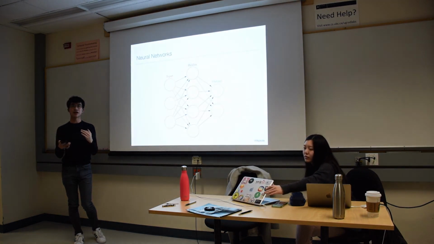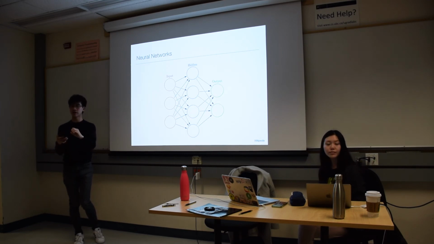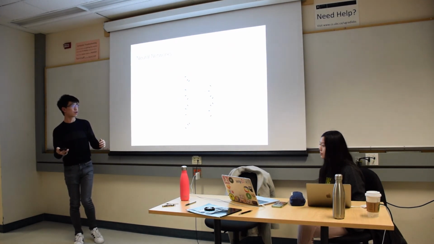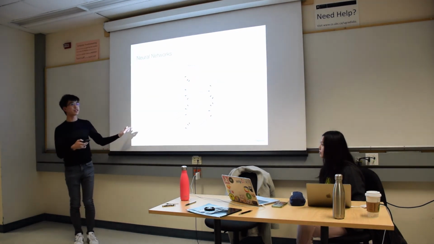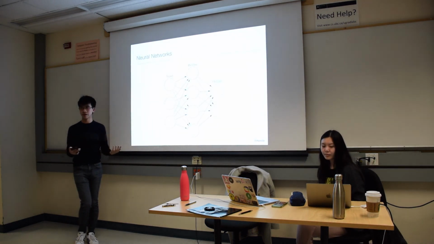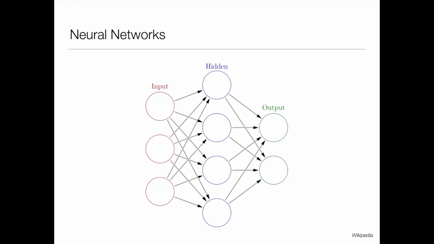And basically, if there's enough activity leading into a neuron, it will decide to fire too, and that's how our brains make decisions. So people thought, well, what if we just kind of simulate this sort of behavior in the computer instead? So whenever you hear about neural networks, this is basically what it is.